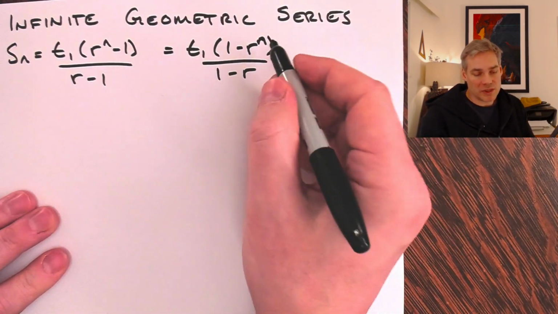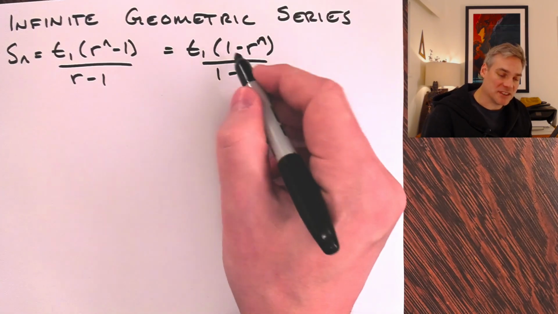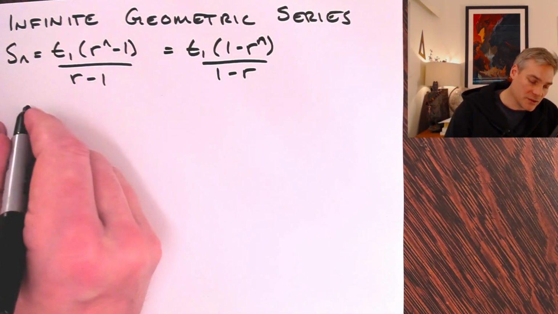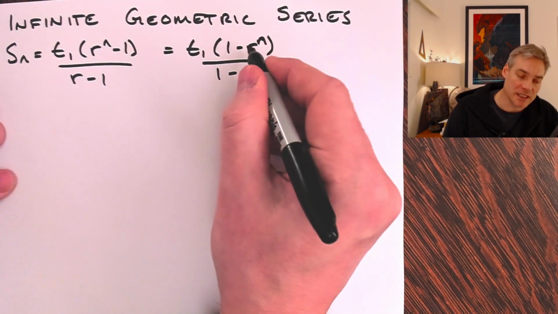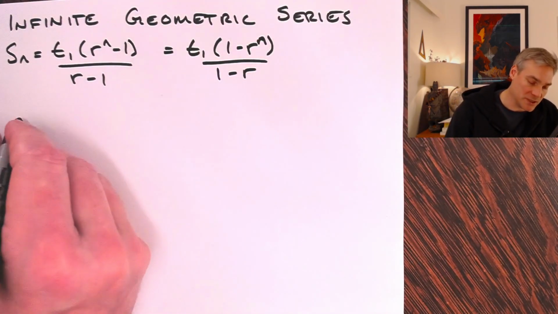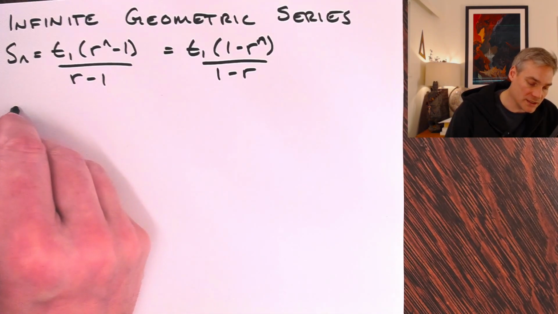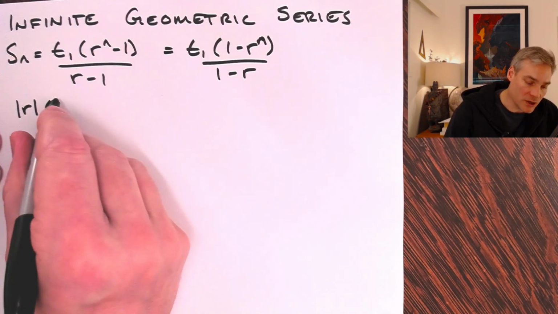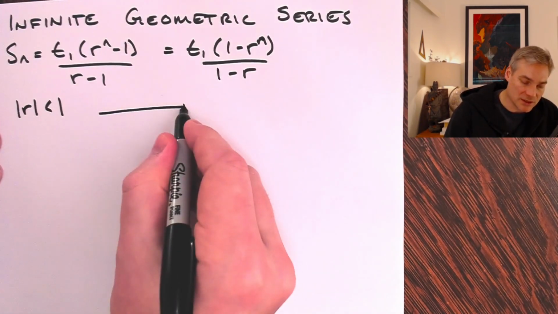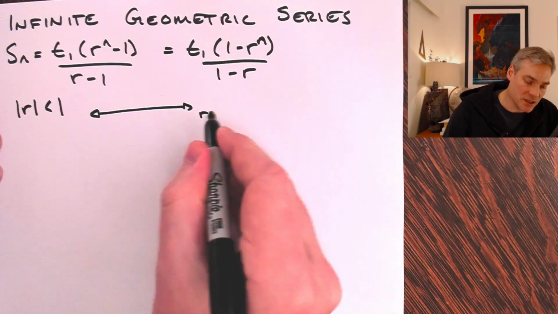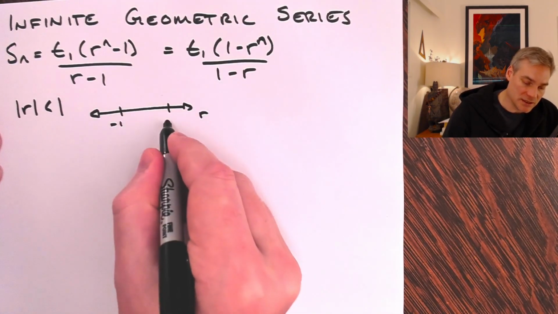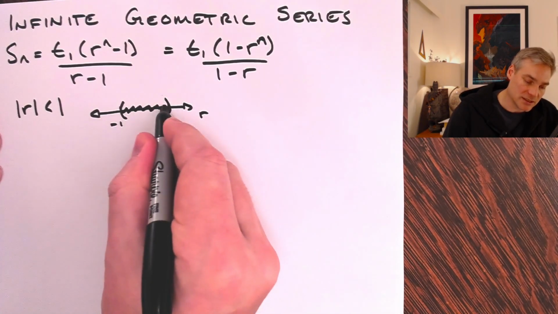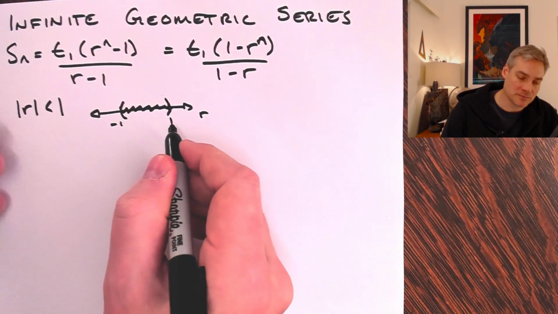So what I want to do is investigate what happens here. This is to say, what happens when n is really big and r is trapped between 1 and -1. So what is the magnitude? When the magnitude of r is less than 1, that means r is stuck somewhere between -1 and 1.